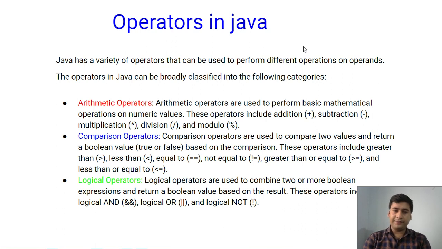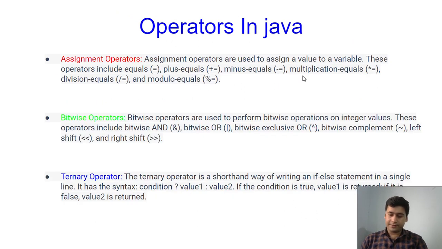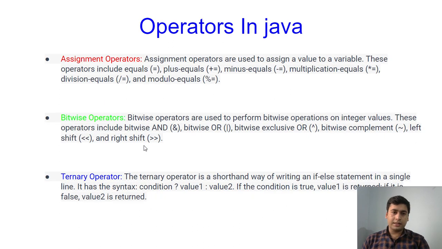So what are arithmetic operators? Operators are classified into six categories: arithmetic operators, comparison operators, logical operators, assignment operators, bitwise operators, and ternary operators.